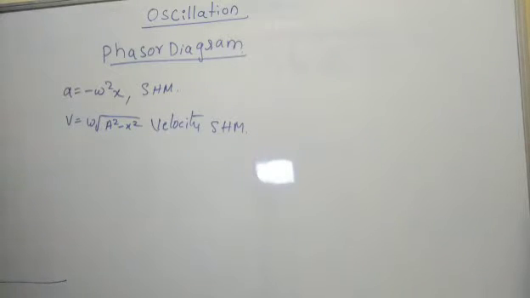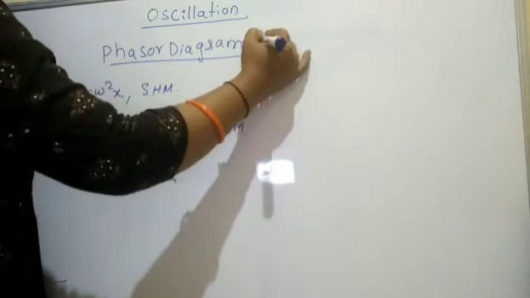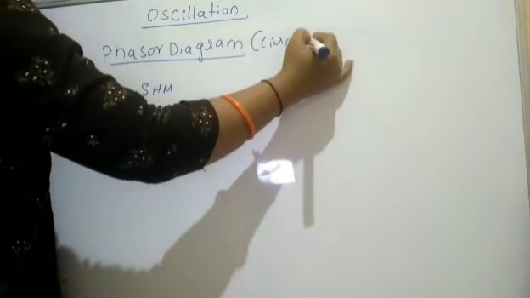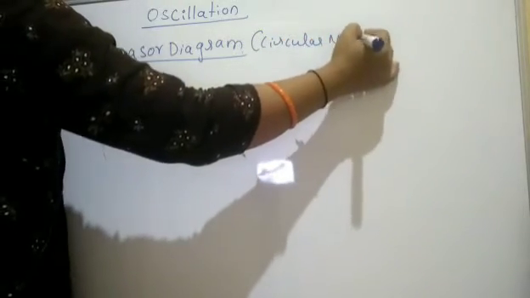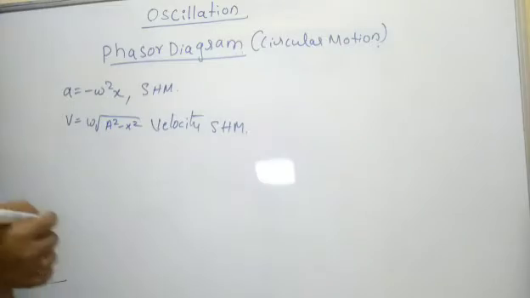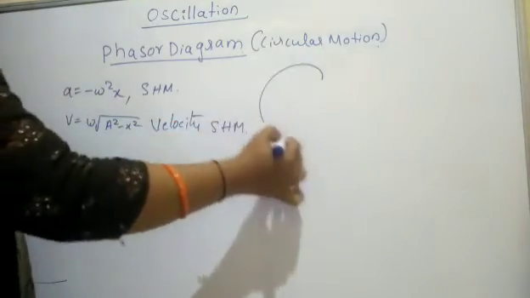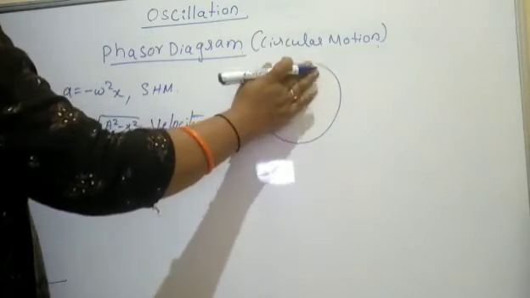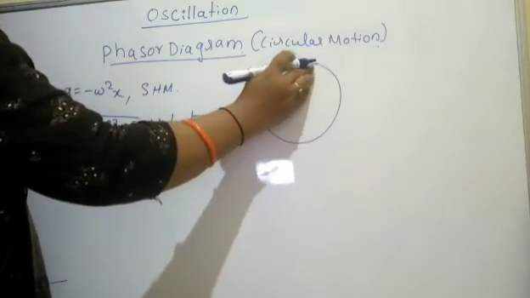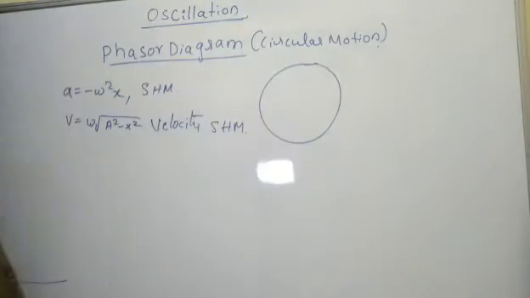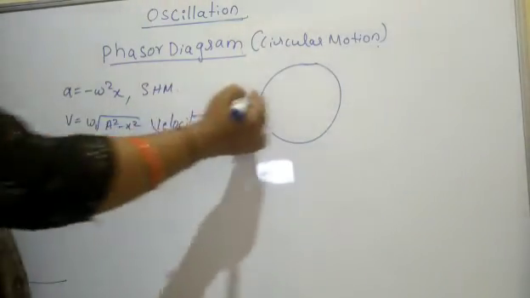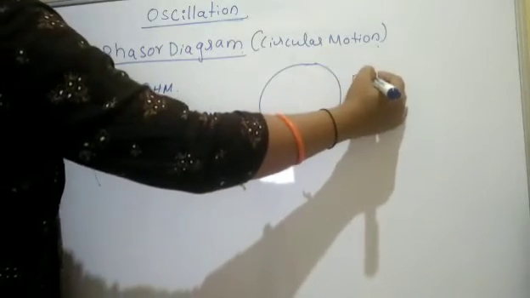So now we are thinking of circular motion of a particle here. That means a body executing circular motion; does it say it is an oscillatory motion? No, it is not oscillatory motion, it is a periodic motion.